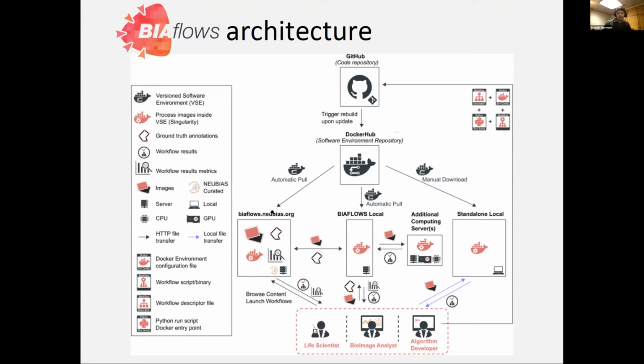And then BIAflows, when the build is over, will get everything, and the workflow becomes available in BIAflows for your problems or any other problems. And then you can do benchmarking on the platform. I'm going very quickly about this because you will see in more detail how it works during the hands-on session, and you will interact with all those parts.